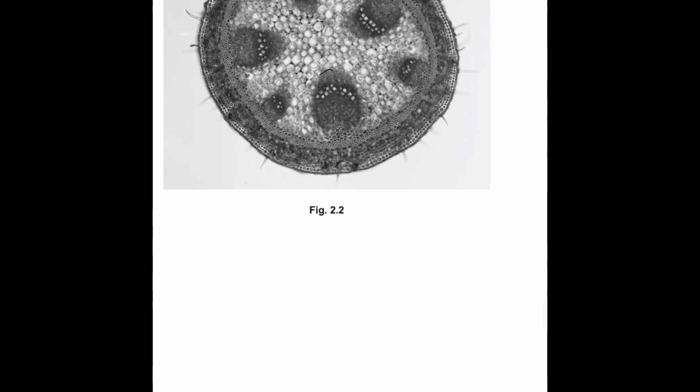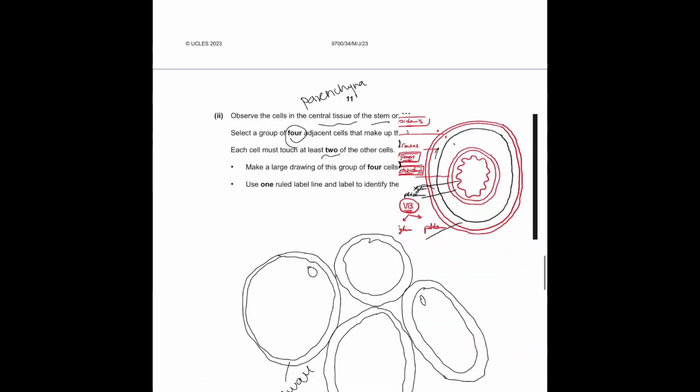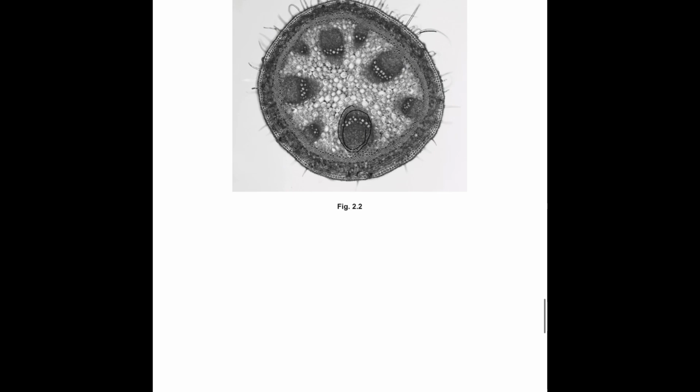Okay, and then we can see the size of vascular bundle. These vascular bundles are bigger than these. So for the size of vascular bundle, this is smaller and this is larger. Okay, and then we can see the number of vascular bundles. I can see that N1 has more vascular bundles than figure 2.2, which is like 1, 2, 3, 4, 5, 6, 7, 8.